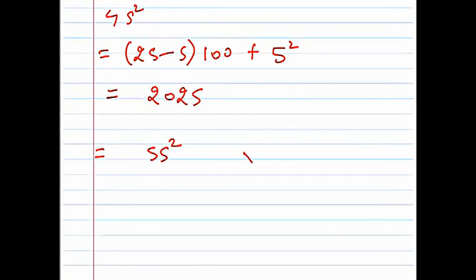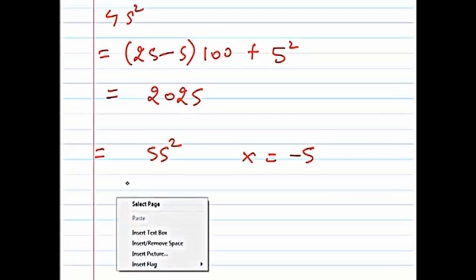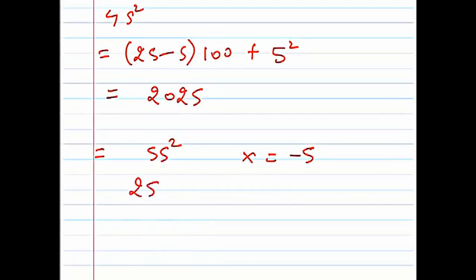Then I have to just write x is equal to minus 5, and then I can do 25 plus 5 into 100 plus 5 square.